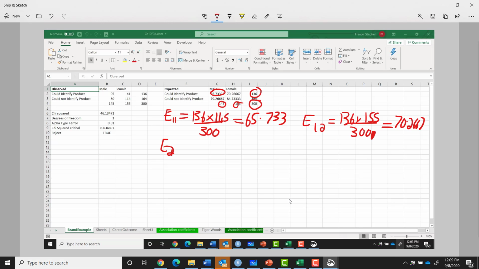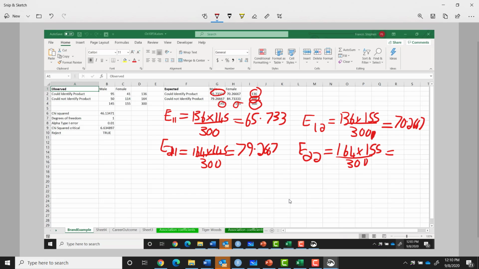Row 2, column 1 is going to be, again, 164 times my 145, which is 79.2667. And the expected value of row 2, column 2 is going to be 164 times 155, the only combination we've not had yet.